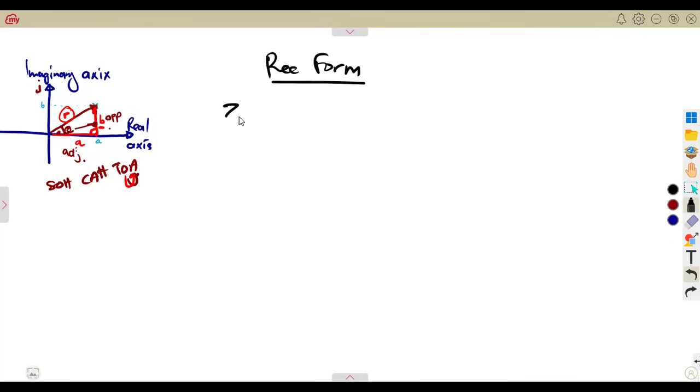We can simply add two complex numbers given Z1 is equal to A1 plus JB1, and we're also given Z2, which is equal to A2 plus JB2. We can add or subtract these two by simply adding or subtracting the real terms together, and the imaginary terms together.